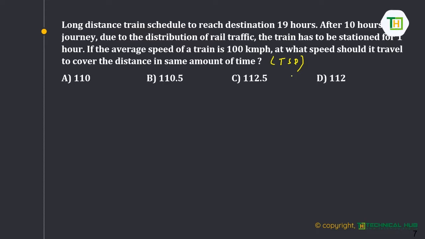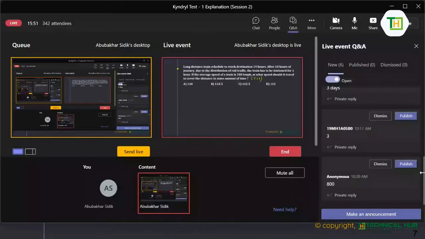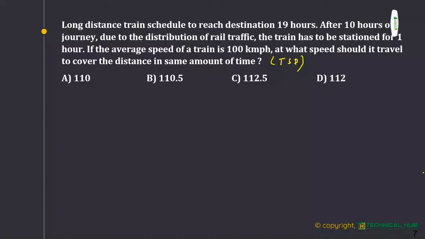What is given here? A long distance train is scheduled to reach its destination in 19 hours. So what is the total time required to reach the destination for that train? 19 hours. After 10 hours of journey, due to the disruption of rail traffic, the train has to be stationed for 1 hour.